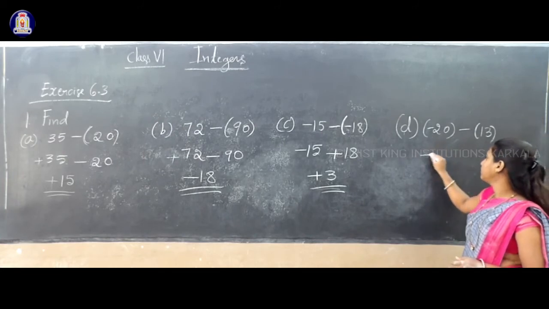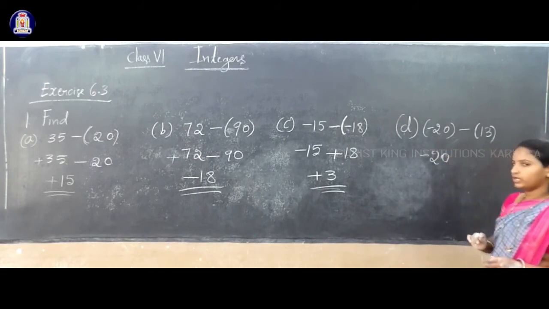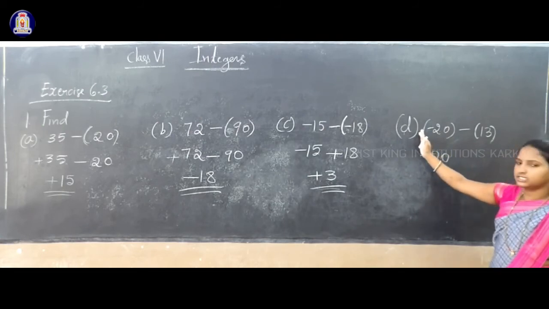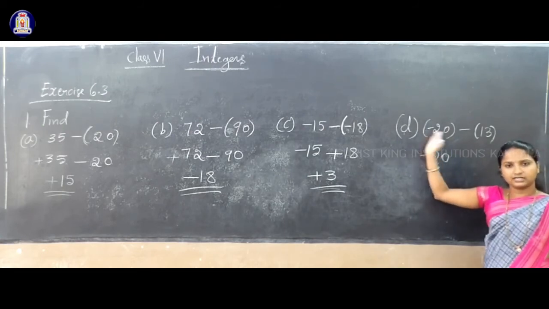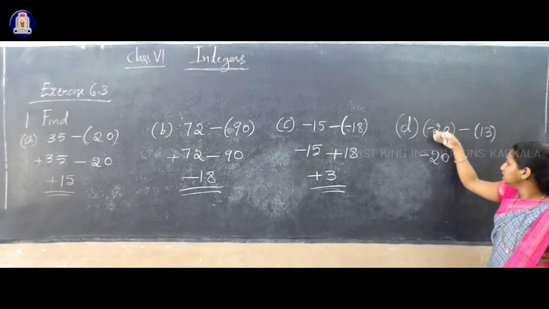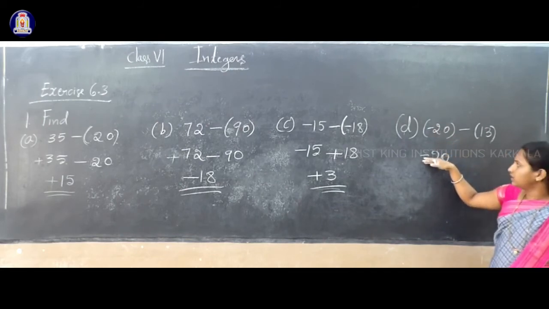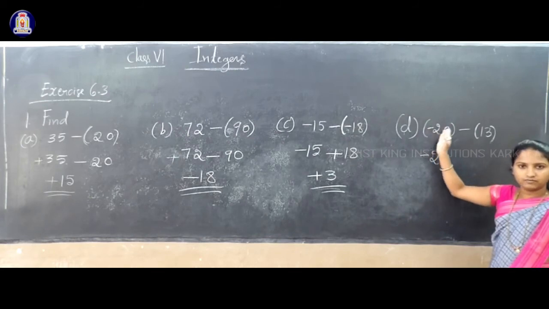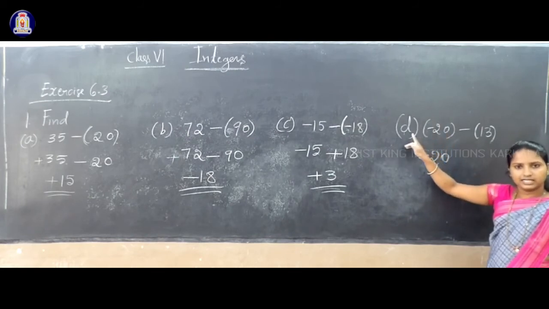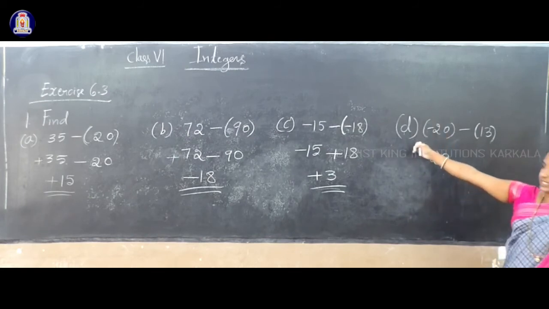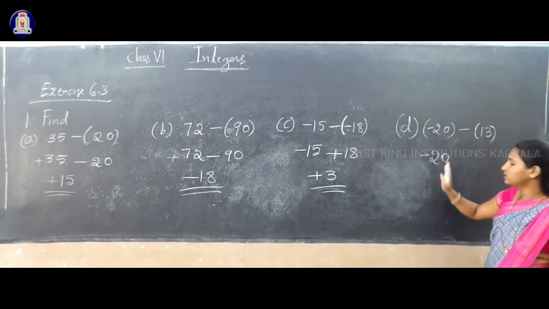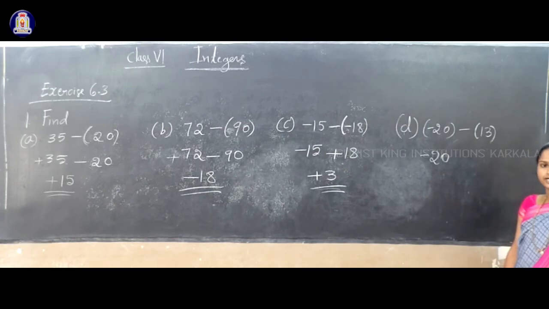Minus 20, write as it is, because in front of this integer, is there any sign or number? No. So this integer is written as it is.